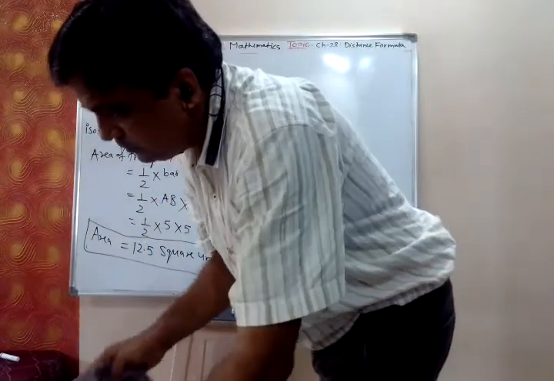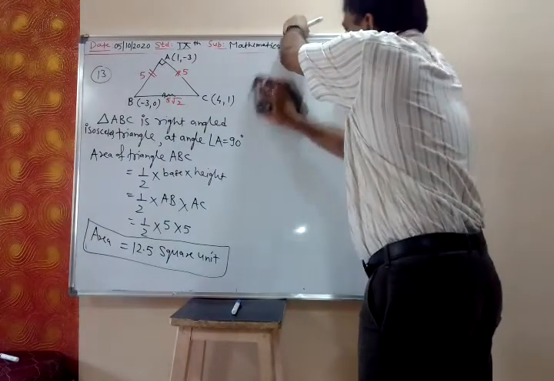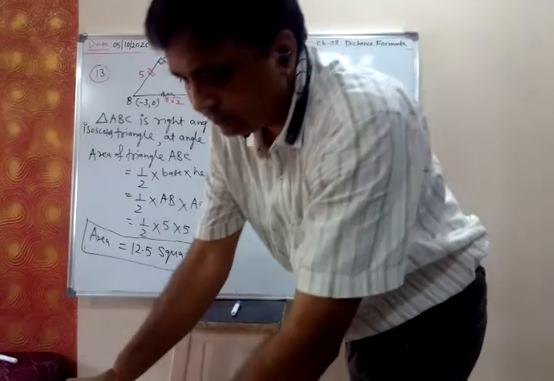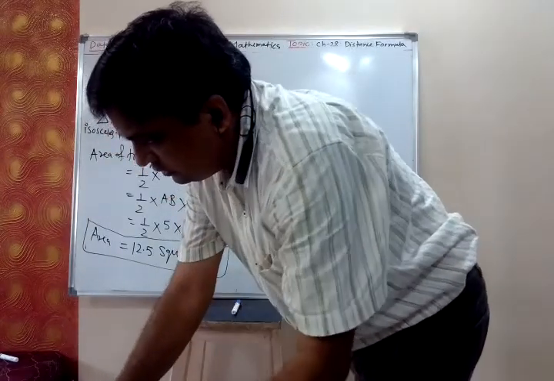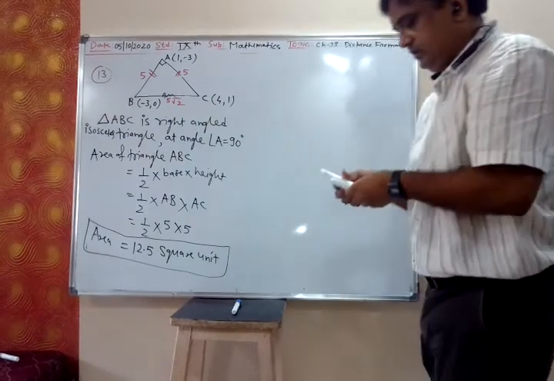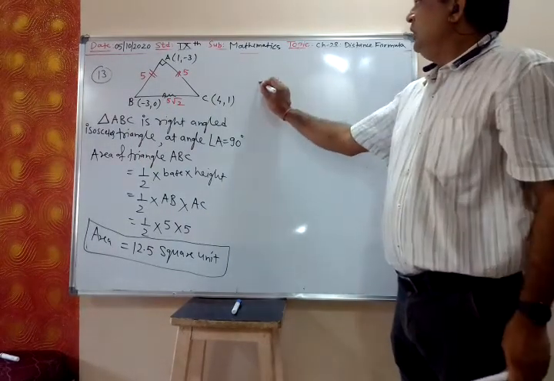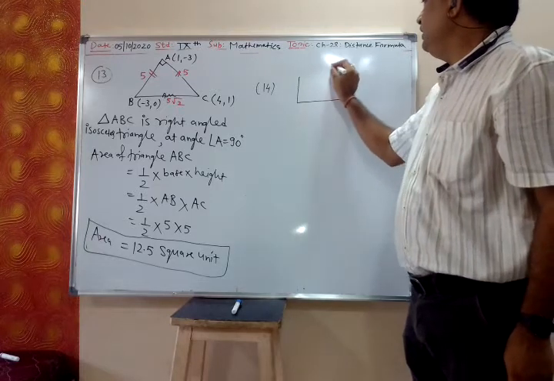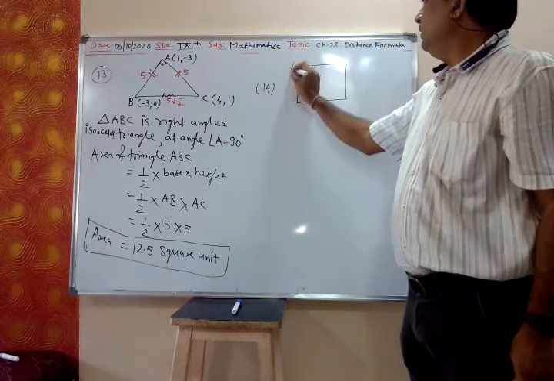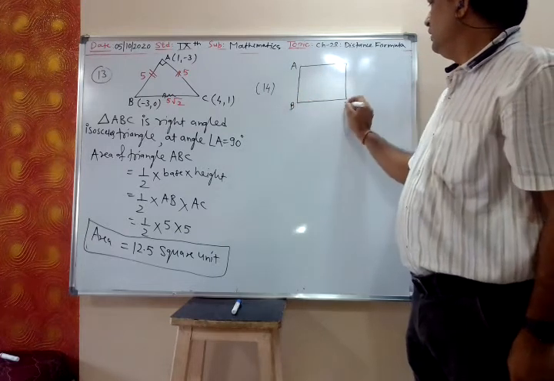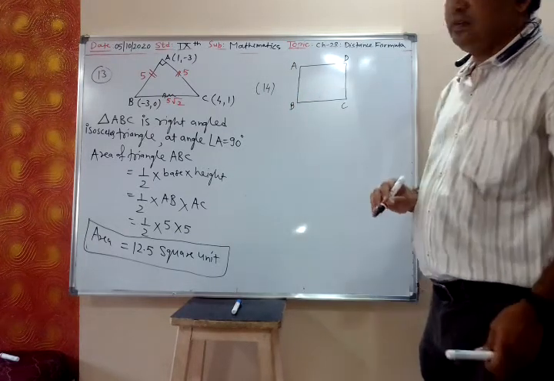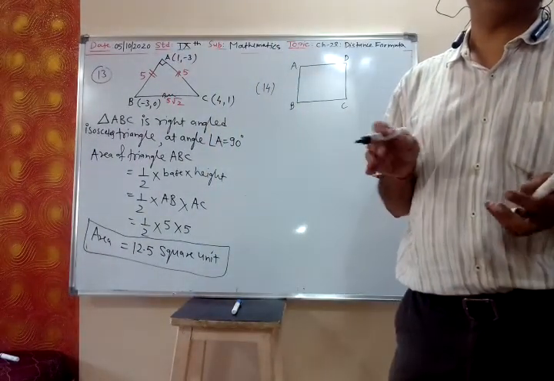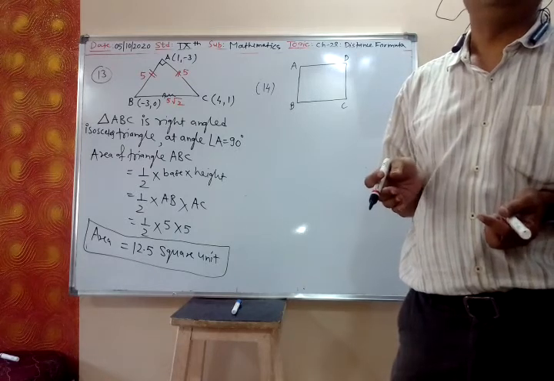So 14, show that the points ABCD. I have told you several times there is no more difference between rectangle and square.